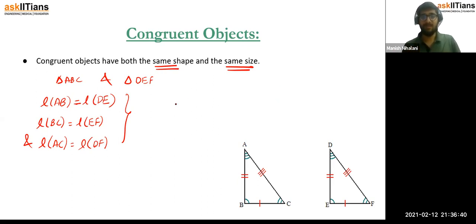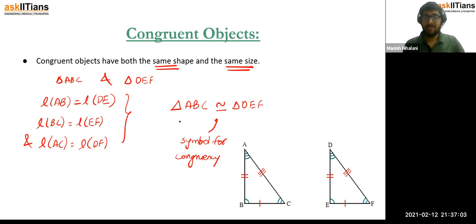So in this case we will say triangle ABC is congruent to triangle DEF, right? This is the symbol for congruency.